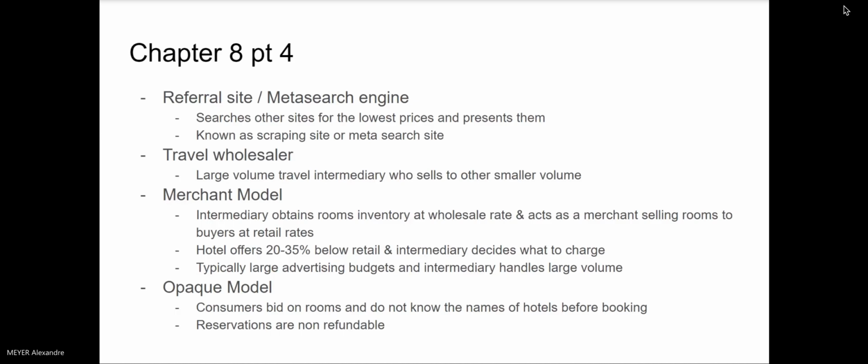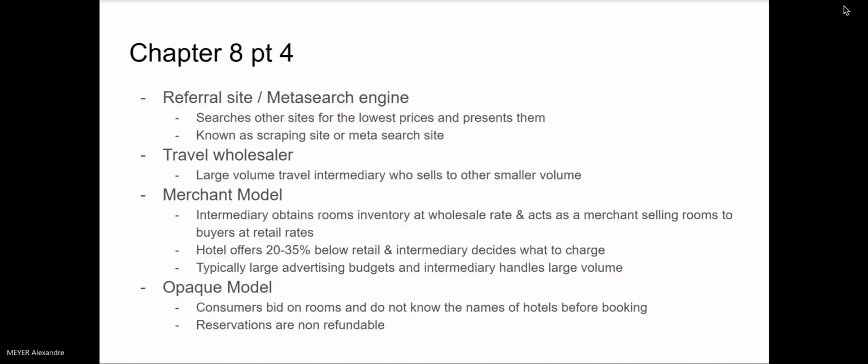You sell your room to somebody else, and it's actually beneficial because once you sell your room to a merchant, even if no one reserves through the merchant, you have still sold your room. You have made some money, right? If you don't sell your rooms to a merchant and end up having no occupancy, you've lost a lot of money. The opaque model is a system in which the room buyer does not know the name of the hotel until they have committed to the purchase price of the room.